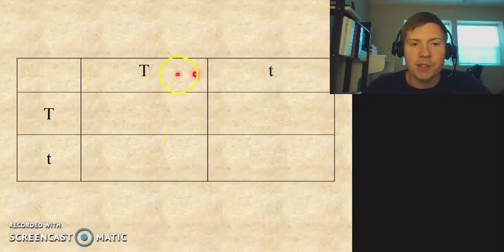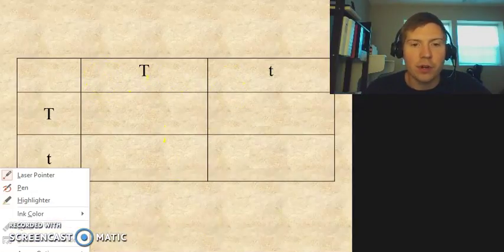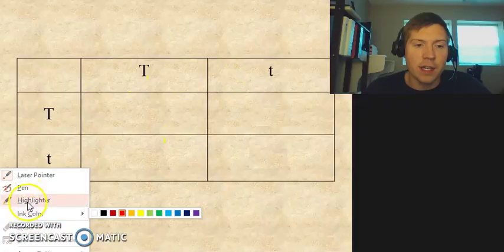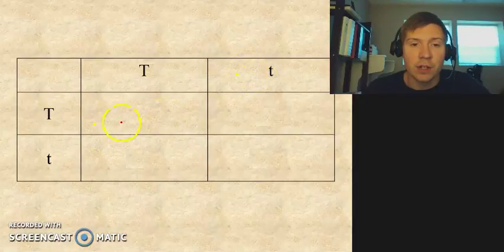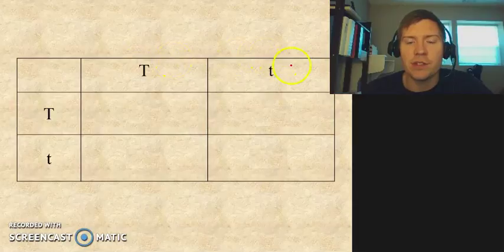So here's a basic Punnett square with our big T, little t, and our big T, little t for both parents. So we have heterozygous. Right. So what we do to set up a Punnett square is you take the alleles of each parent, you write one parent on top, one parent on the side, it doesn't matter which parent goes where, and then this represents the separation of the gametes, or the alleles, during gamete formation.